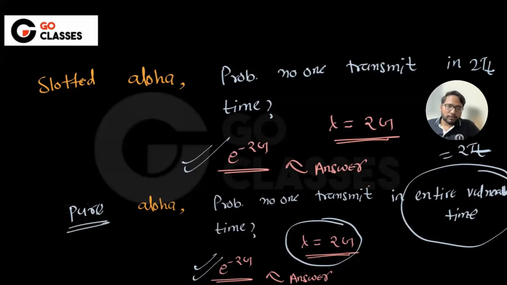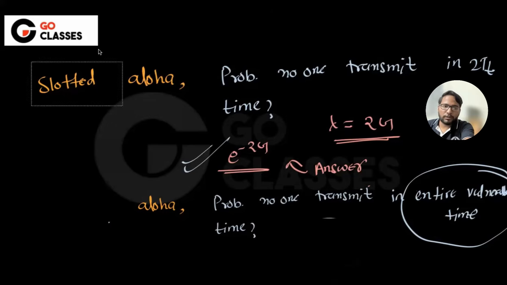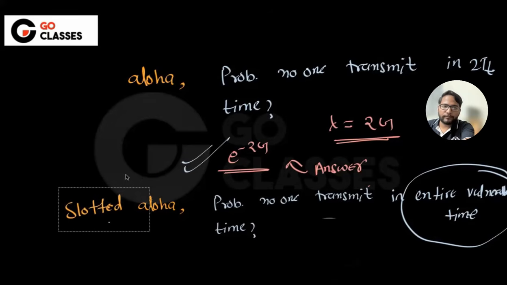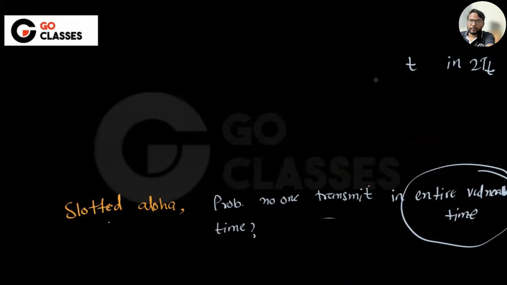Now suppose they ask you this question. They say this is not pure Aloha, this is slotted Aloha only, and then they say vulnerable time. Then what is your answer?